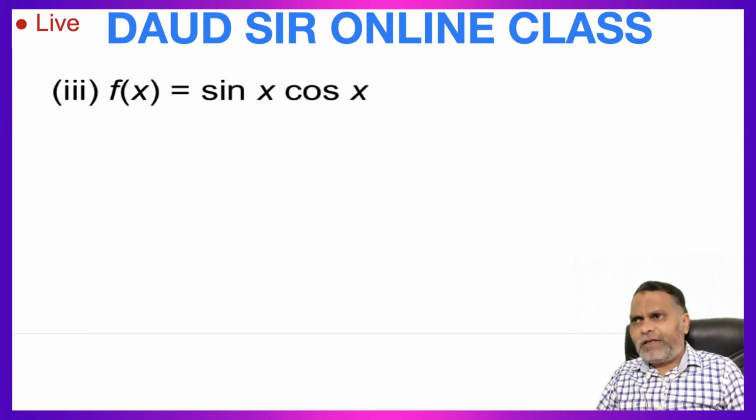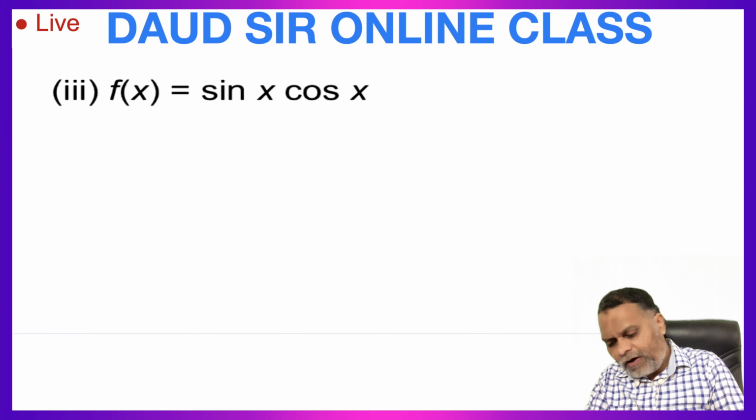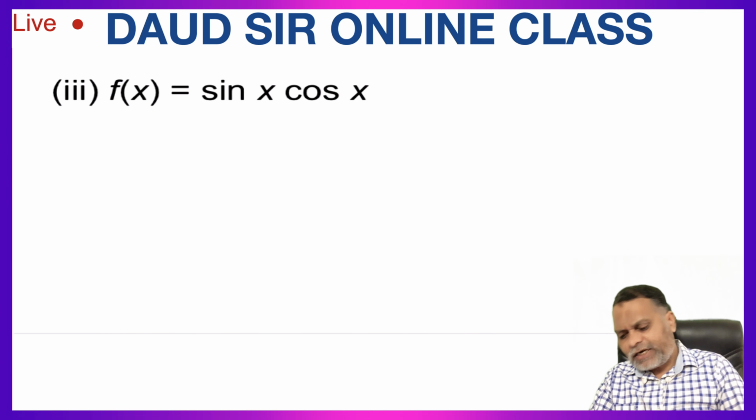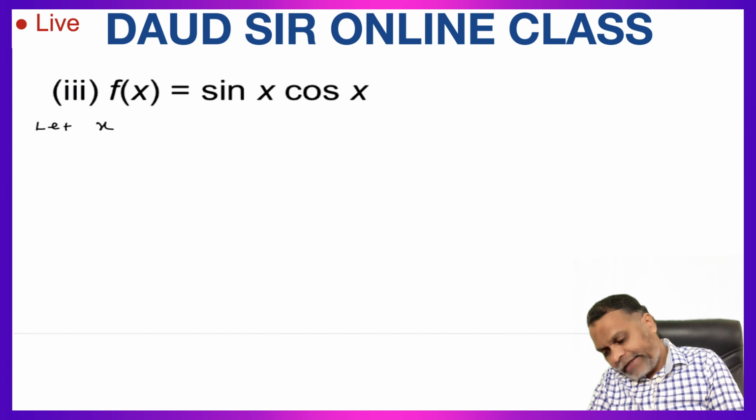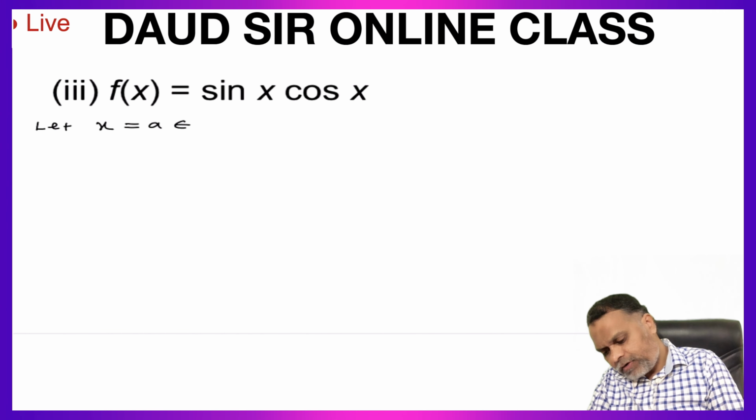Question number 13, third part. f of x is equal to sin x into cos x. Again, we have to discuss the continuity. So for this, just consider one point. Let x is equal to a and a belongs to any real number.